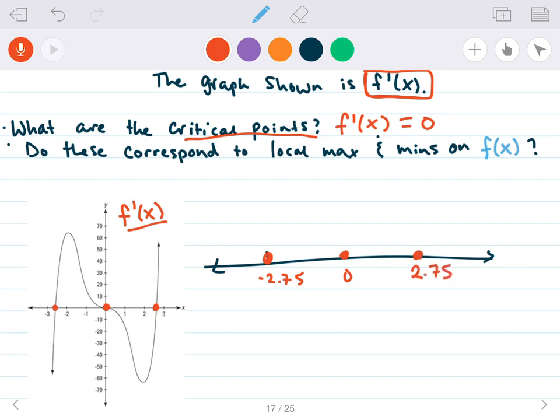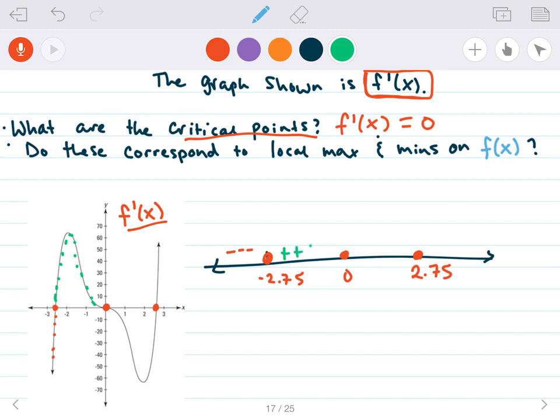So looking at the graph, we can see that to the left of x equals negative 2.75, the function is negative. Okay, so the derivative is going from negative, and then it goes to 0, and then it starts to go positive, right? Until we get to the next critical point, which is 0.